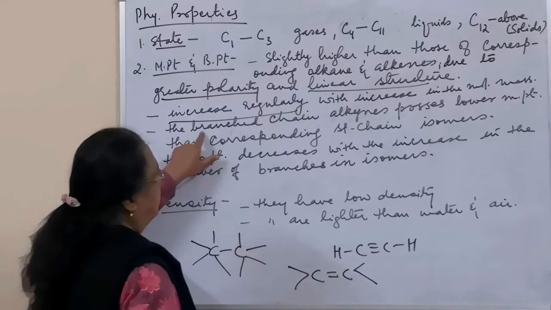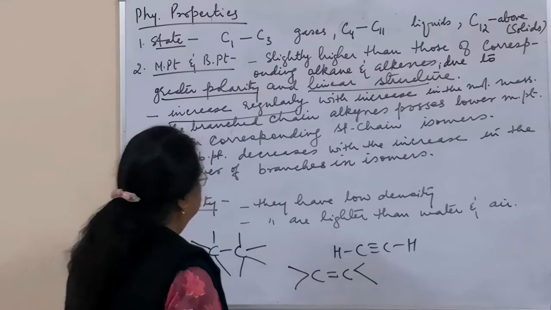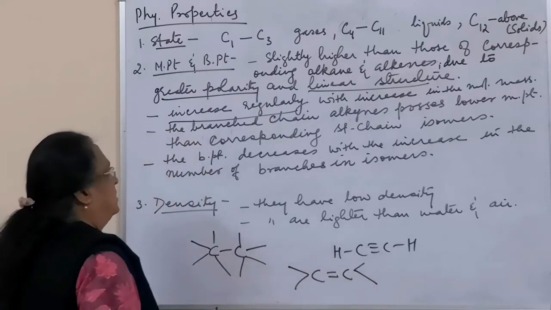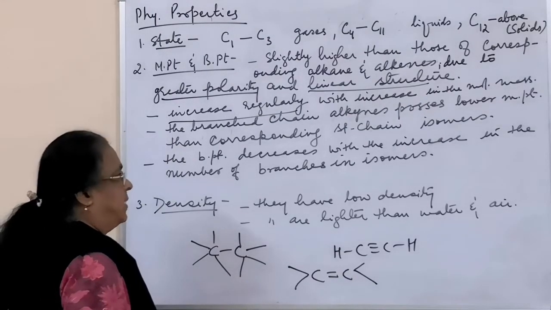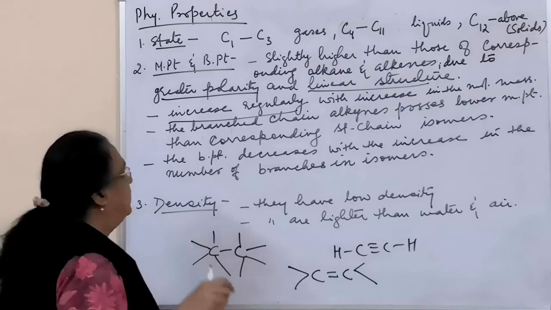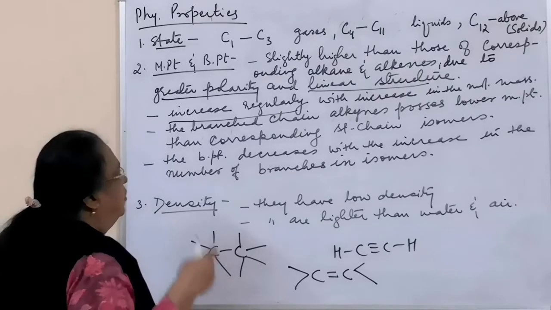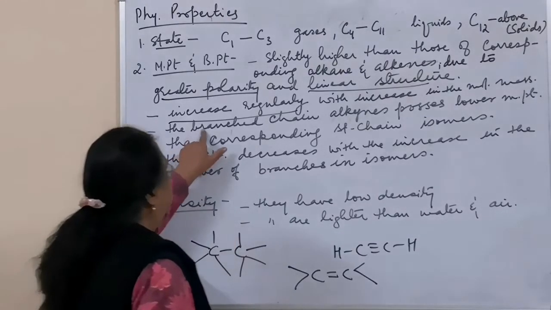Then the branched-chain alkynes possess lower melting points. You know branched-chain isomers: the number of carbon atoms is the same, the hydrogen is the same, but one is a straight chain and the other has branches. And if more branches are there but the molecular formula is the same, that's what it means here.